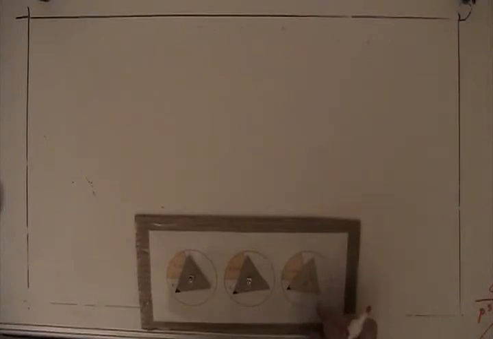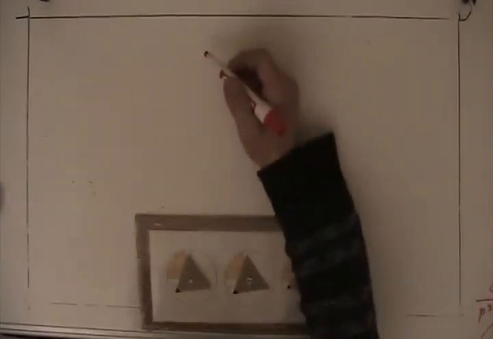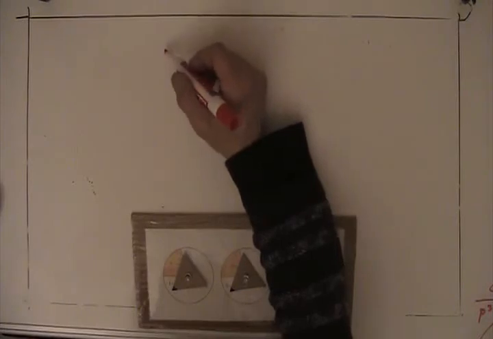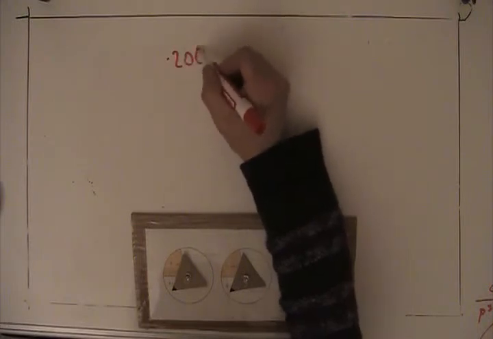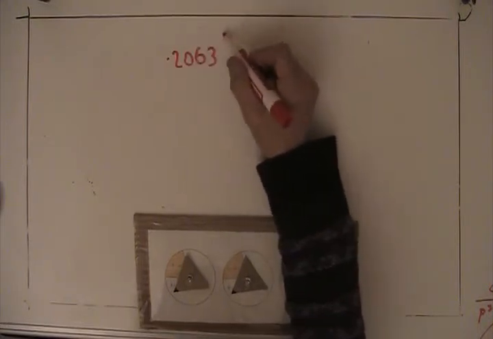The sector size here I chose to be 0.2063. That's the on part, and I will list those out. Okay, so we have the probability of all on. That was P cubed, so that's 0.2063 cubed.